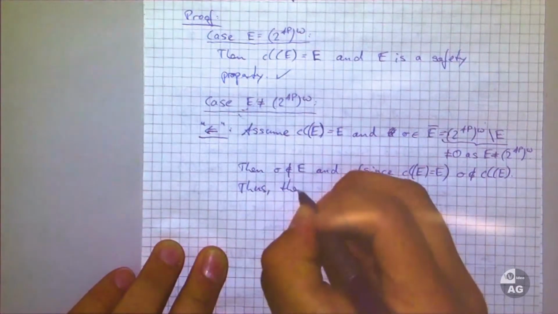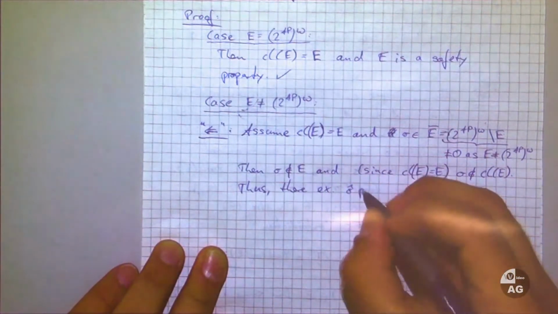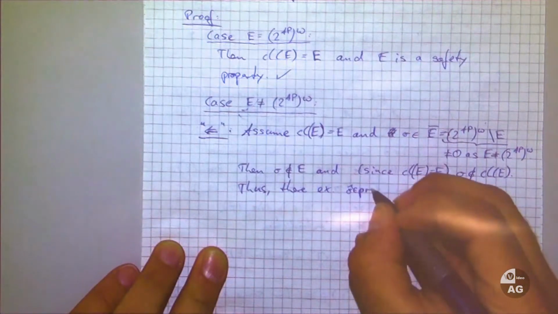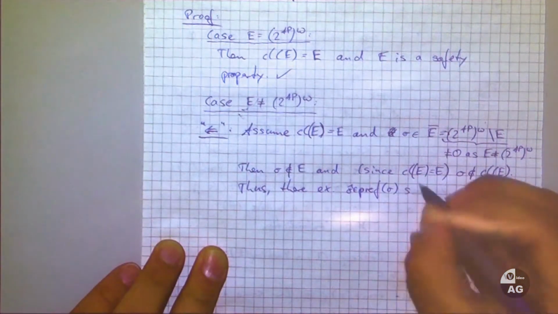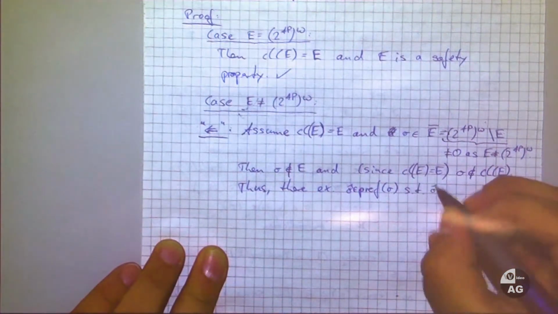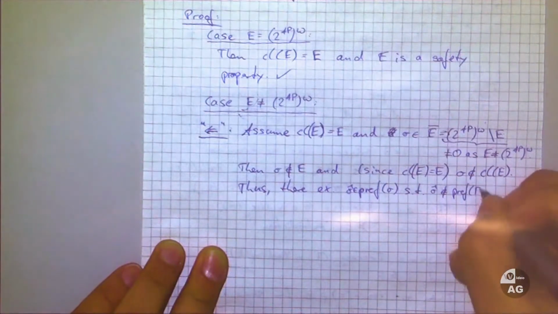Thus, there exists a finite prefix of this infinite word sigma, let's call it sigma head, such that sigma head is not a prefix of the property E.